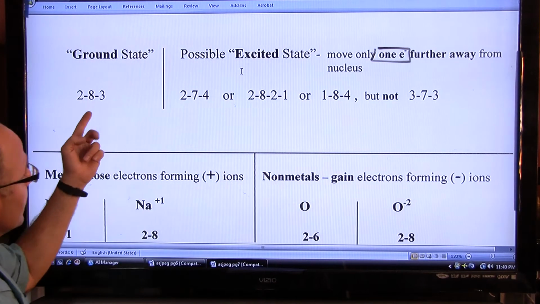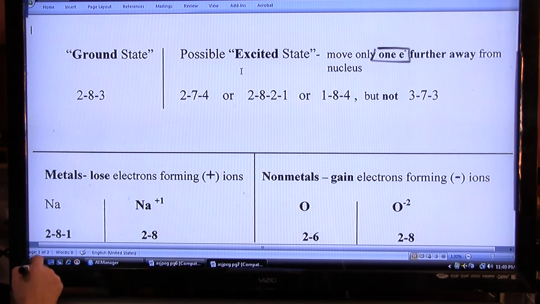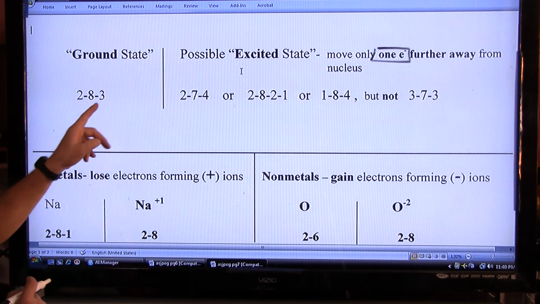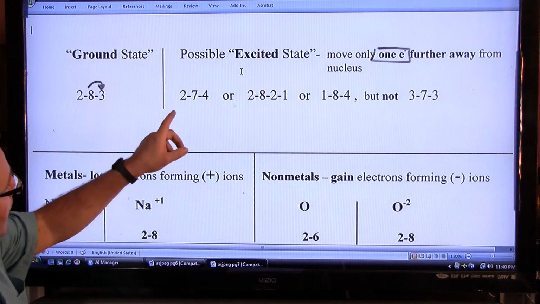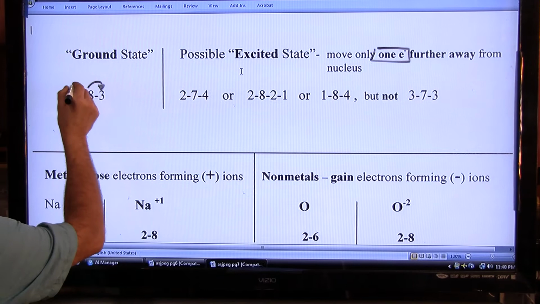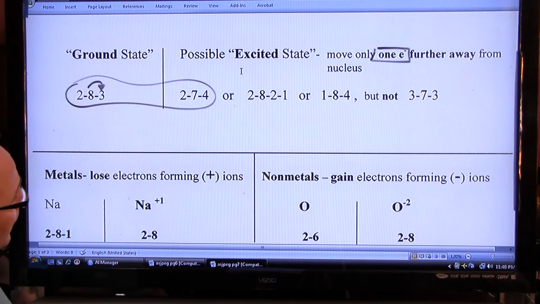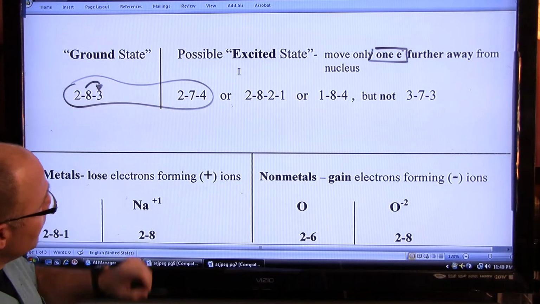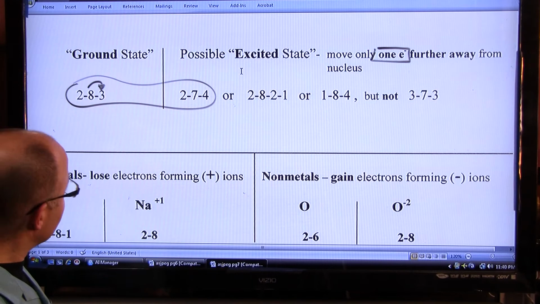And so in this case, we start with 283, and if we move an electron, let's say, from the second orbit to the third orbit, we end up getting the numbers 274. And that would be a possible excited state. Now if I had started with 274, and you were asked, is this a ground or excited state?